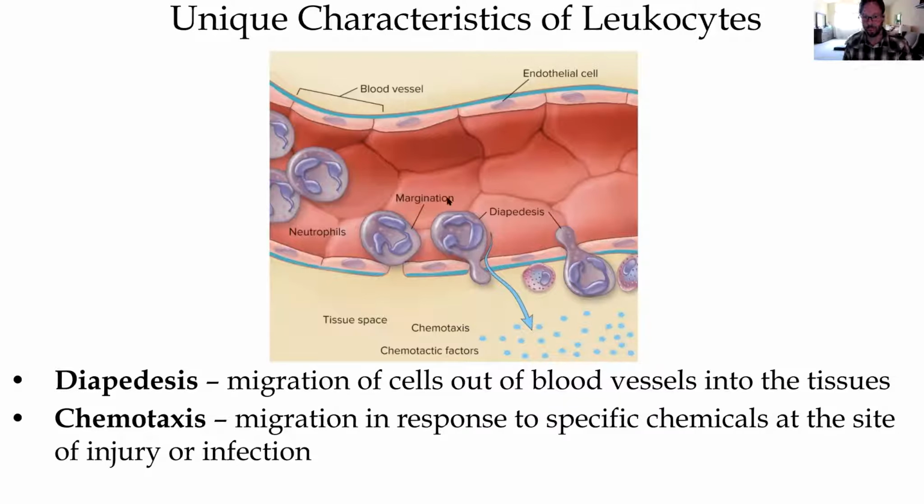And when they cross that barrier outside of the circulatory system, that's called diapedesis. Once they're there, they will be guided by certain chemicals, and that's called chemotaxis. So chemical, taxis, to move.